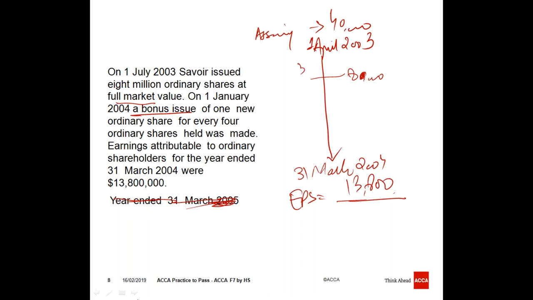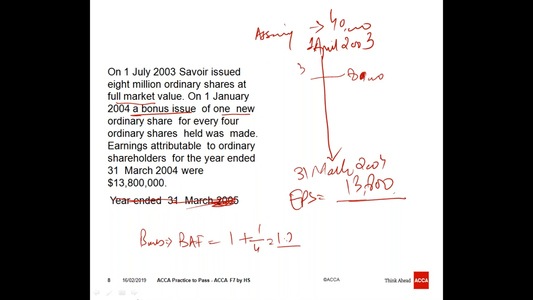On 1st January 2004, a bonus issue of one ordinary share for every 4 shares held was made. So whenever you see a bonus, you have to calculate the bonus factor, which is calculated as 1 plus 1 new share for every 4, that is 1 plus 1 upon 4.